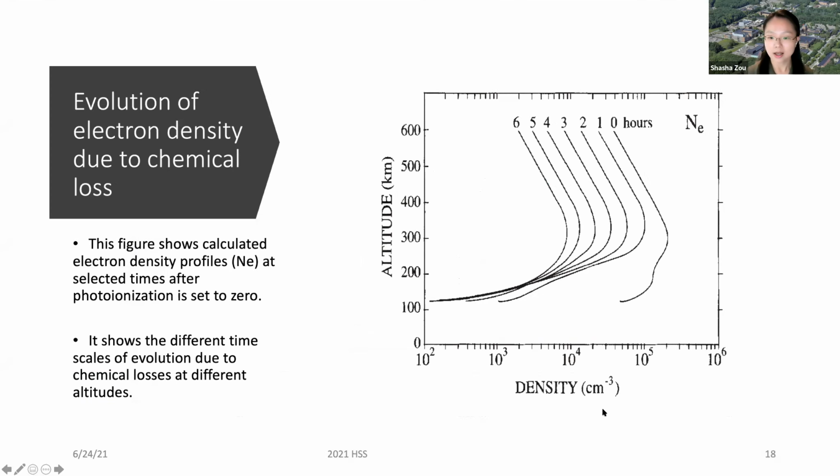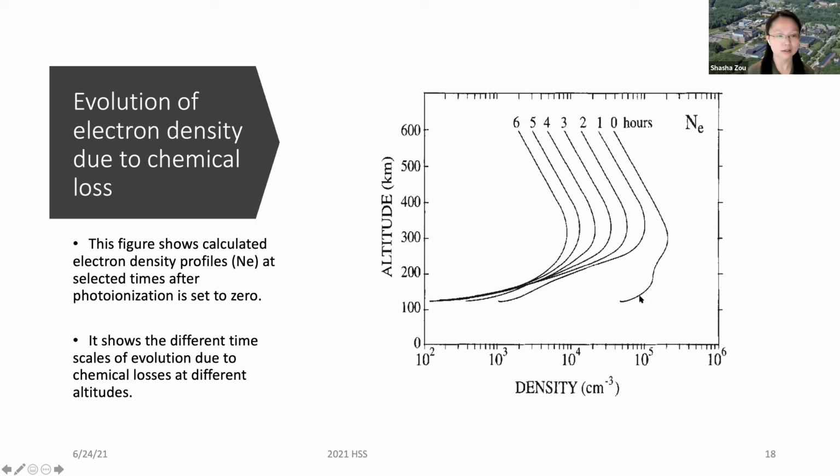Okay, here is an older simulation, but it's a very nice one illustrating how the ionosphere density profile would change once we shut down the source process. Here you can see that at the beginning we have a very nice F1 layer and the F2, and the E region is somewhere here.